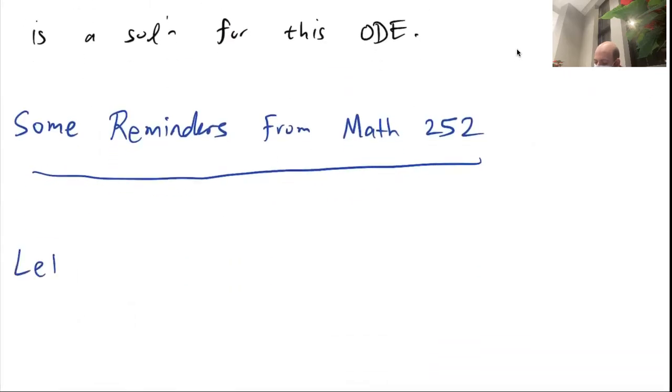So let V be a vector space. You learned about the concept of vector space in Math 252. Each vector space is basically a set equipped with two operations called addition and scalar multiplication, which satisfy some axioms.